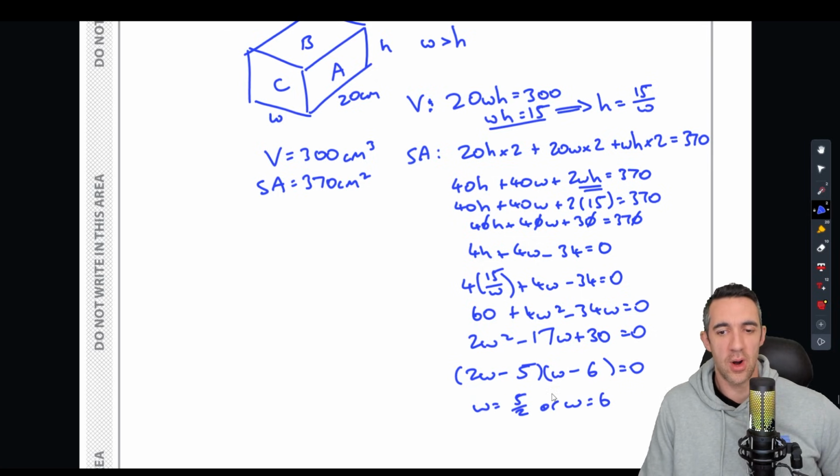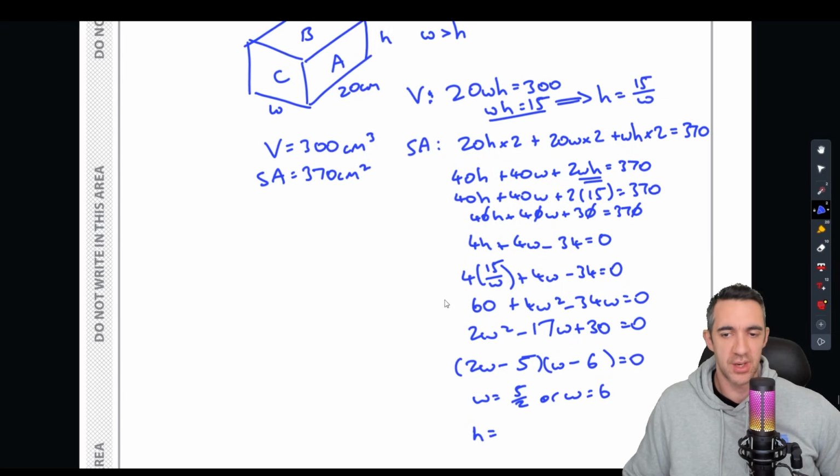Now this is where the two options come in, because I can work out what H is in each case. So if we go back, we knew that H is equal to 15 divided by W, right?